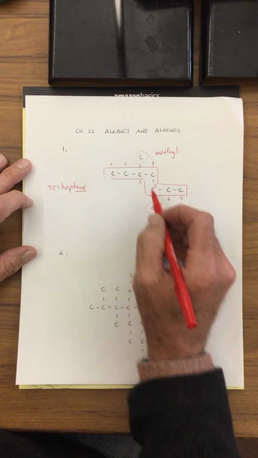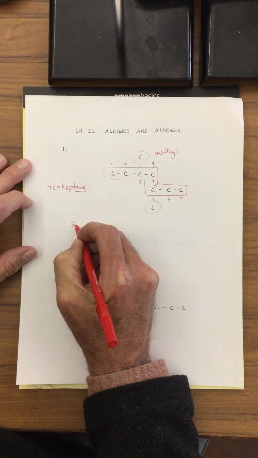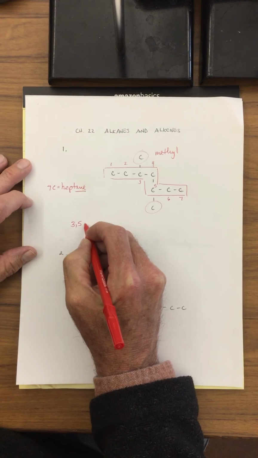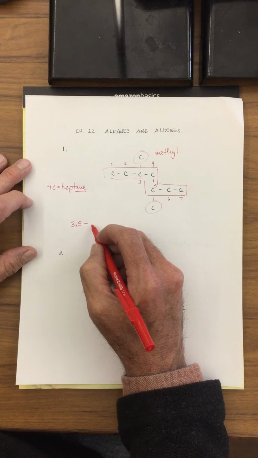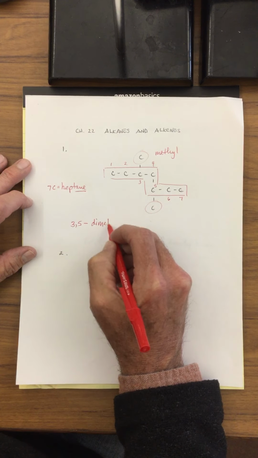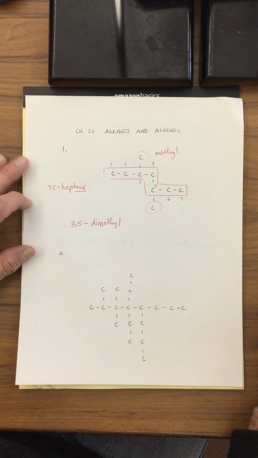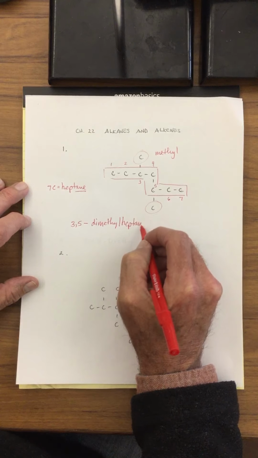So I have a methyl attached to 3, I have a methyl attached to 5. This is going to be 3,5 dash, and it's going to be not just methyl, but I have 2 methyls, so it's going to be dimethyl, and then I use my parent, all one word, heptane.